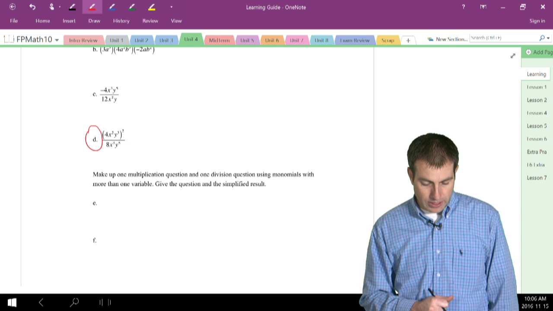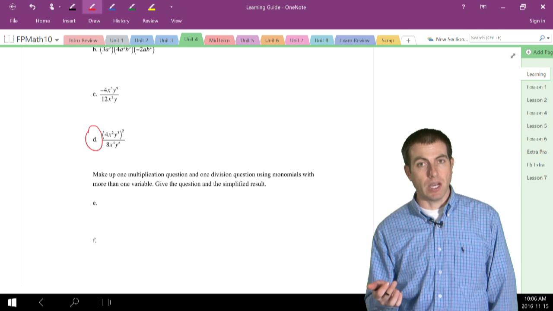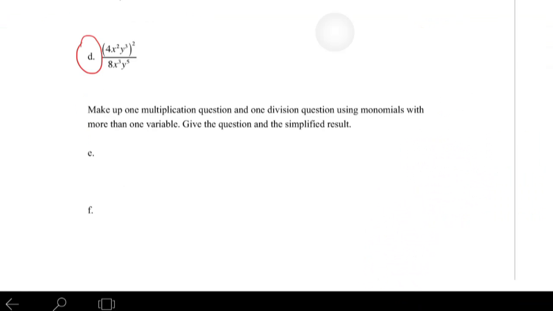Okay. All right, so just following BEDMAS. Anything to do inside the brackets? Nope. I go into exponents. I'm going to just kind of maybe do this over here, run out of room. So everything inside the brackets is going to get this squared, x squared. It's going to give me x to the 2 times 2, y to the 3 times 2.